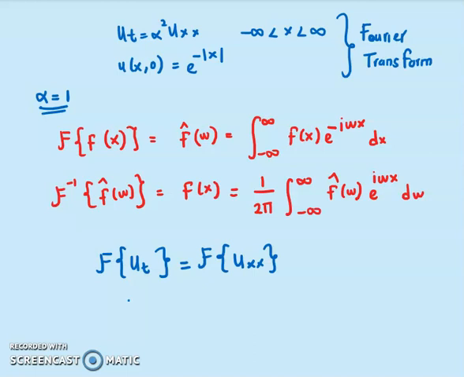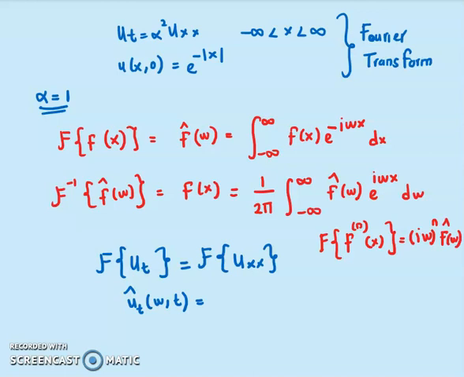So the Fourier transform of this will be u hat t omega t equals, now recall the other definition: the Fourier transform of the derivative is given by i omega f hat omega.